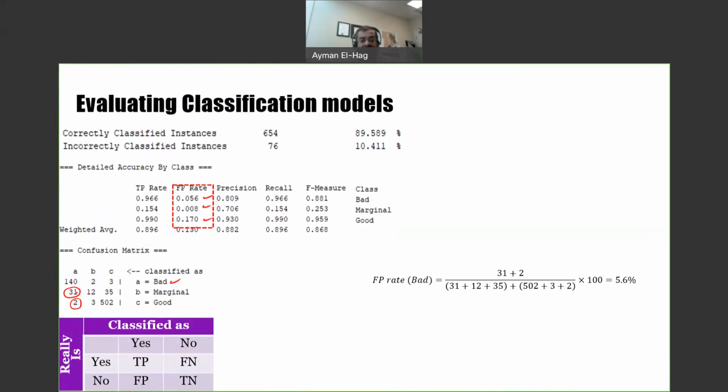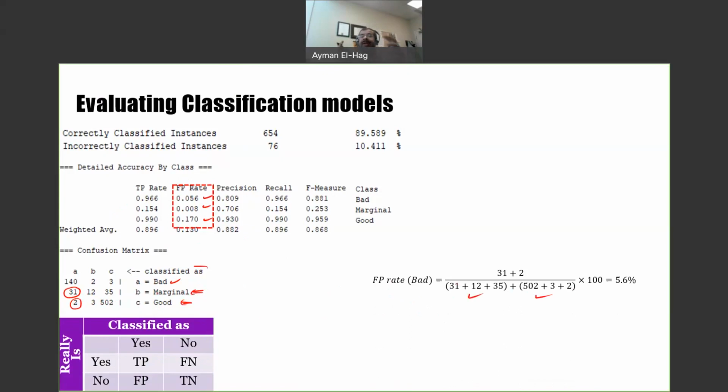Very simple. You add these two, the 31 plus 2, and divide by the whole number of the cases of the marginal and the good, which is 31 plus 12 plus 35, and 502 plus 2 plus 3.